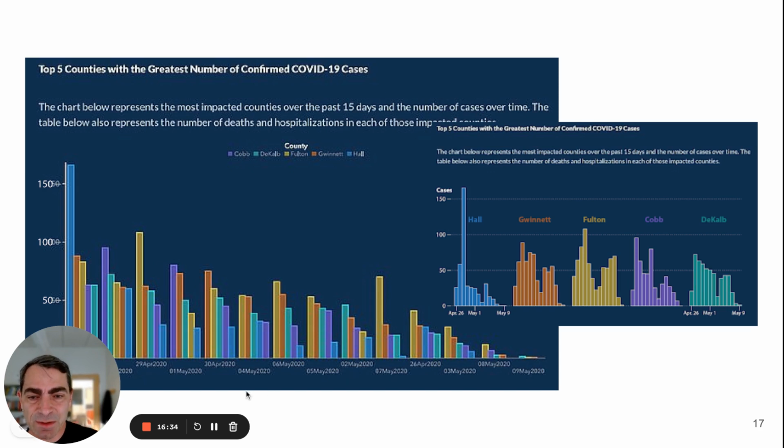But the problem here is that if you look carefully, these dates are not in order. In fact, that was not even the goal of this chart. The goal of this chart was to show that for different periods of time, there were some counties that were always first or second or third, right? So the idea is to look at these groups of bars.